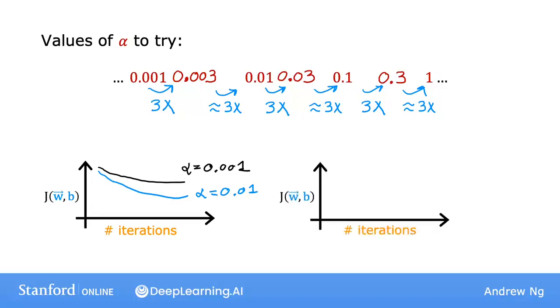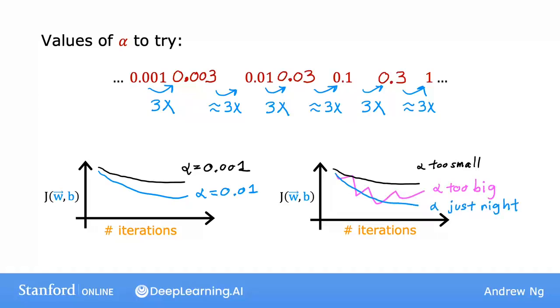So what I'll do is try a range of values until I've found a value that's too small, and then also make sure I've found a value that's too large. And I'll slowly try to pick the largest possible learning rate, or just something slightly smaller than the largest reasonable value that I found. And when I do that, it usually gives me a good learning rate for my model.